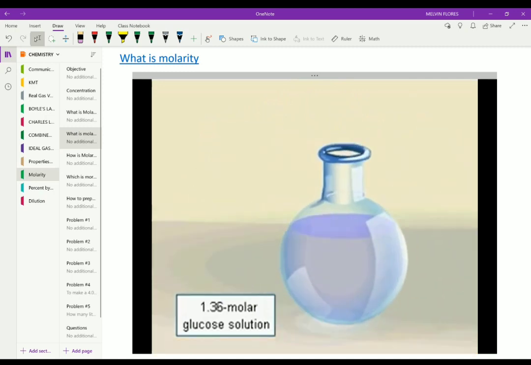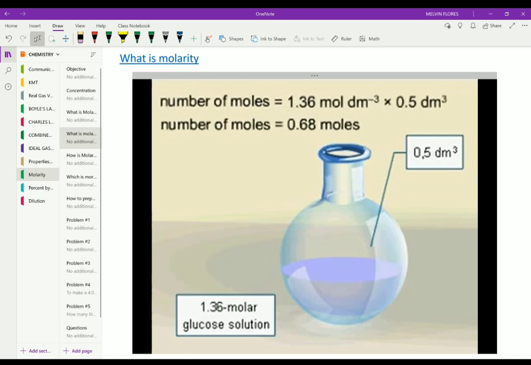Let us consider 1 cubic decimeter of a 1.36 molar glucose solution. We remove half of the solution. As a result, we now have 0.5 cubic decimeters of this solution, containing 0.68 moles.